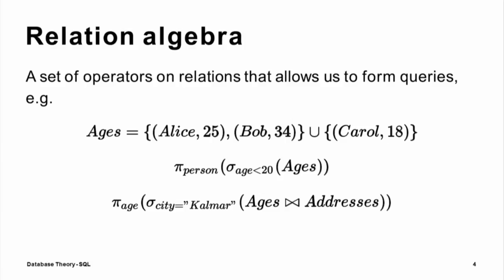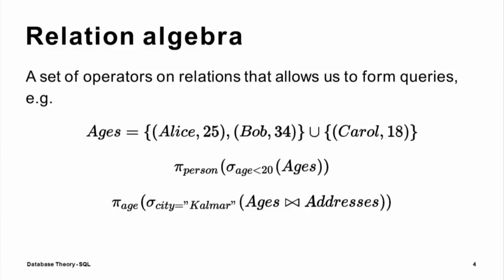And we also had the possibility to add more to it. We could use joins. We talked about natural joins that were joining attributes of the same name and trying to figure out whether they were matching or not. And we had a few different types of joins, theta joins, equi joins, and anti-joins, and all that stuff. So the lower row is a natural join, joining together those two relations, or those two tables, ages and addresses.